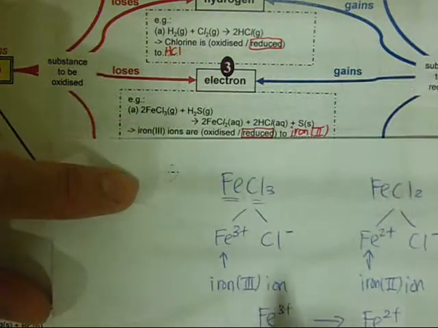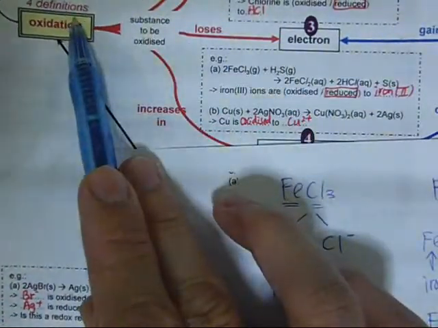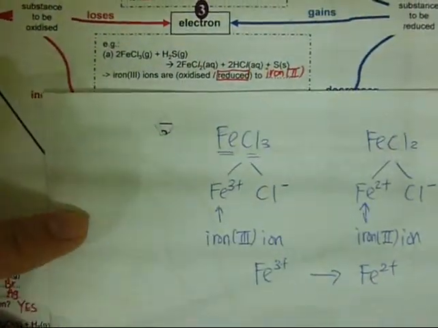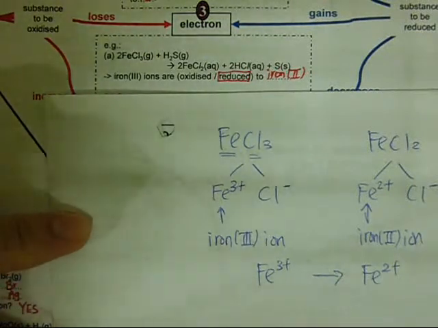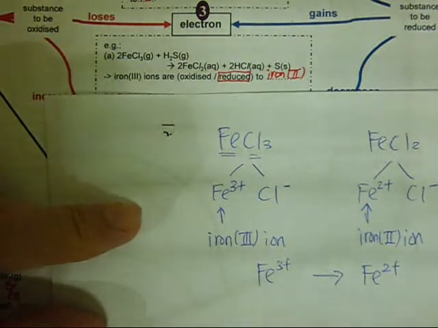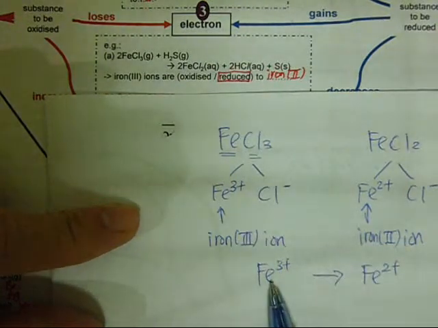Because loss of electron means oxidation, we need to find out whether Fe3+ becoming Fe2+ is a loss or gain of electron. If it is loss of electron, then it is oxidized. If it is gain of electron, then it is reduced. So in order to find out whether it's oxidized or reduced, we have to look at Fe3+ to Fe2+, whether it's gain or loss of electron.